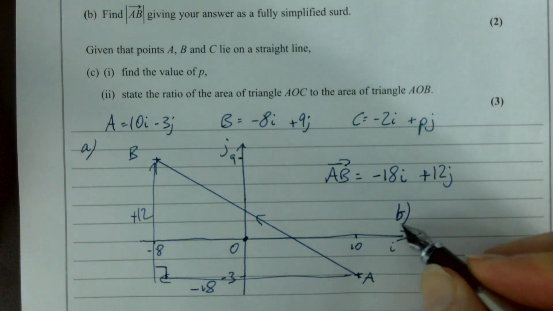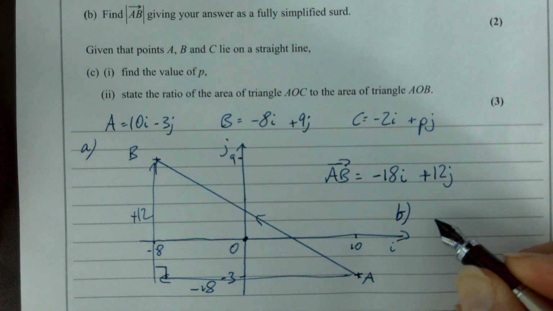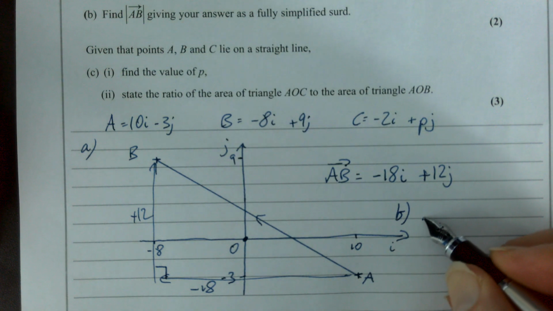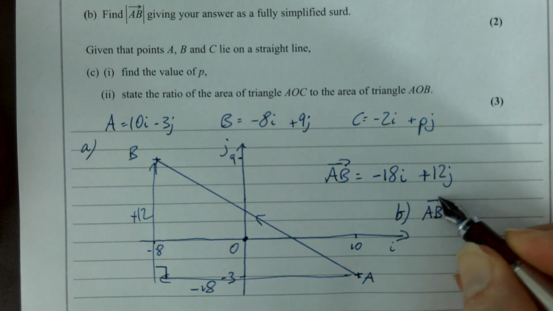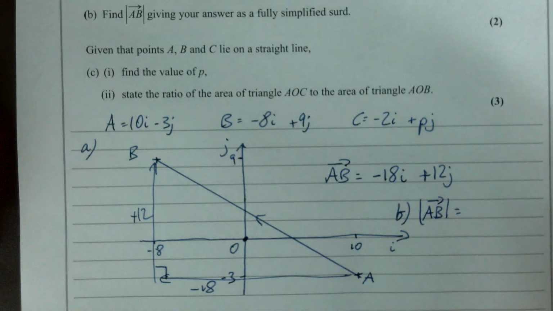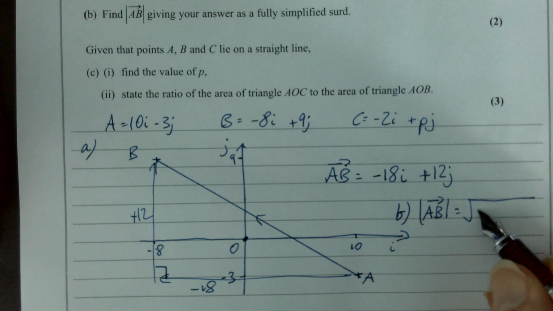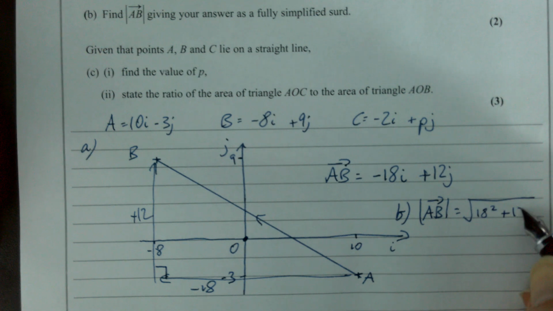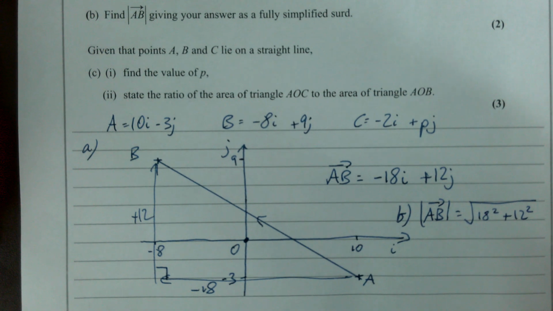So for part B, we want the hypotenuse, so the magnitude of AB is going to be the square root of 18 squared plus 12 squared. And give it as a fully simplified surd, so that's just a matter of keying into your calculator. That should give you 6 root 13.